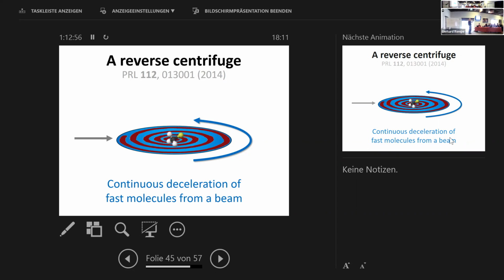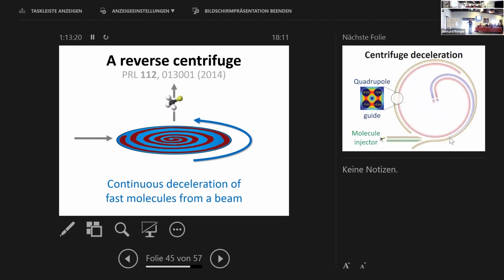It has to climb the centrifugal barrier by doing this, and it comes to rest at the center. Just climbing the centrifugal barrier. Then if you leave it there, it will roll back down the centrifugal barrier and nothing is gained. So the idea is to take it off on the axis. So the molecule goes away from this rotating disk on axis.